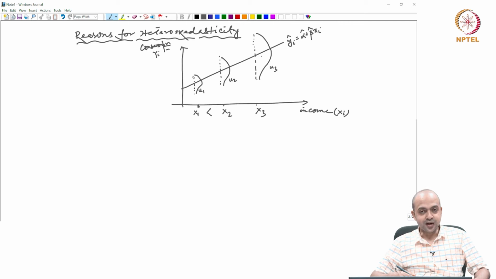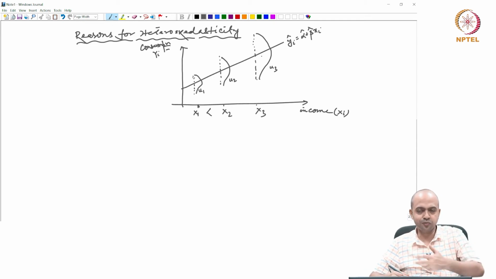Okay? The reason is that at higher levels of income, people have higher degrees of freedom in their consumption pattern. So, with 3,000 rupees or 90,000 or 1 lakh income per month, I can buy a music system, I can buy rice, I can buy dal, I can buy a computer, or probably I can buy a new vehicle, and so forth.